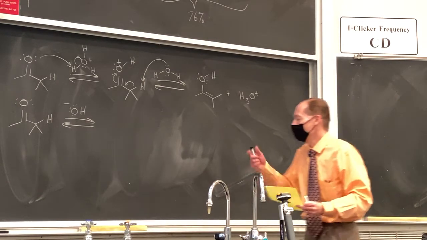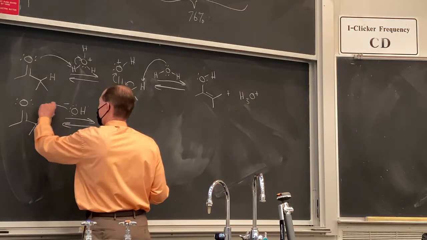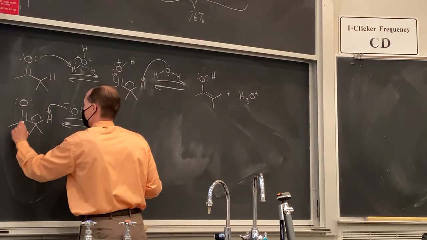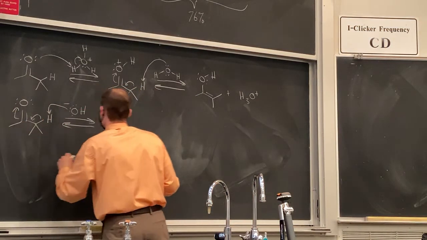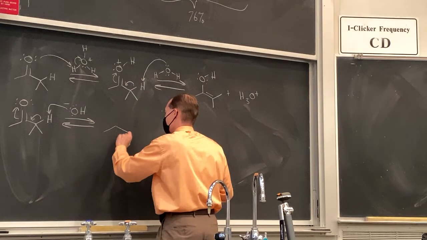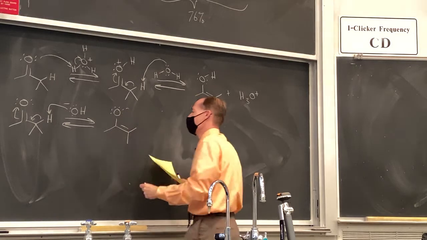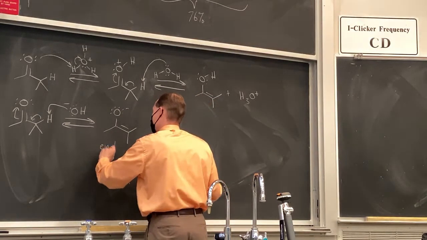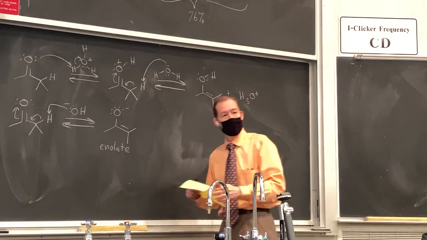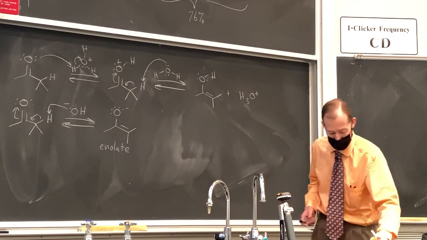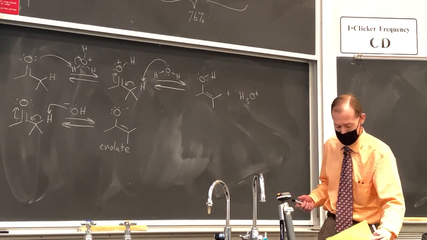Okay, we will deprotonate the alpha hydrogen. And that's going to give us a resonance stabilized species. We'll talk about that in more detail. That's going to actually give us an enolate, which we will talk about in more detail in a moment.